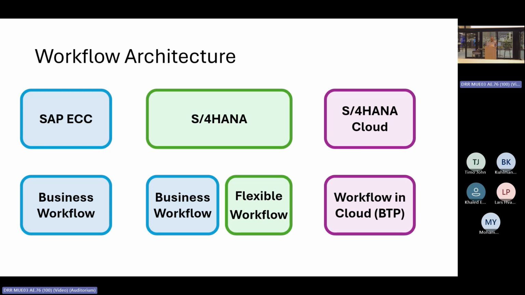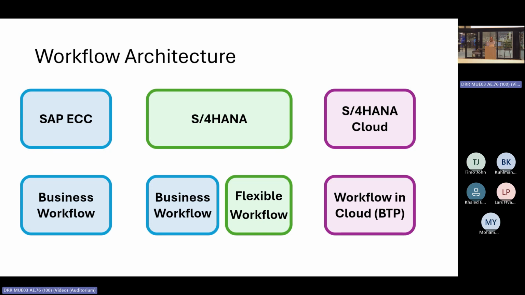If we have an S4HANA transformation or conversion project, it's important to understand which workflow we choose. We can also integrate S4HANA workflow with workflow in the cloud, but it's more about integration. So workflow in cloud will still be workflow in cloud in this case.